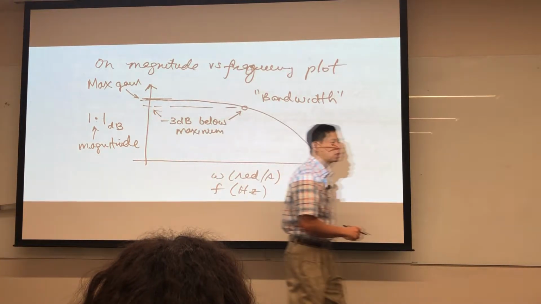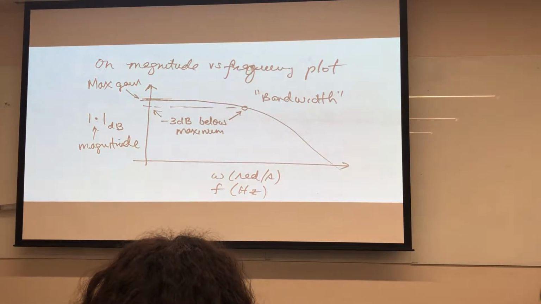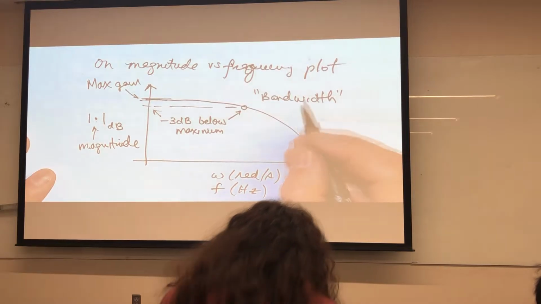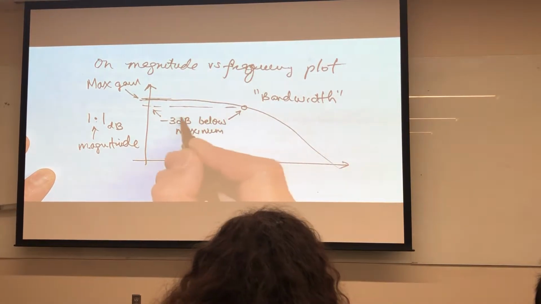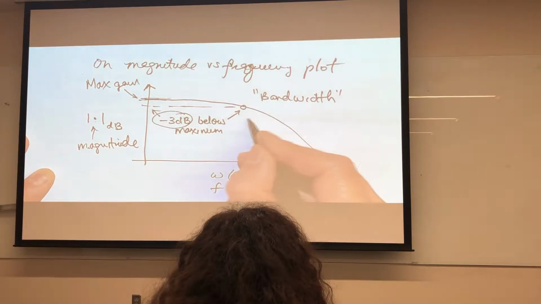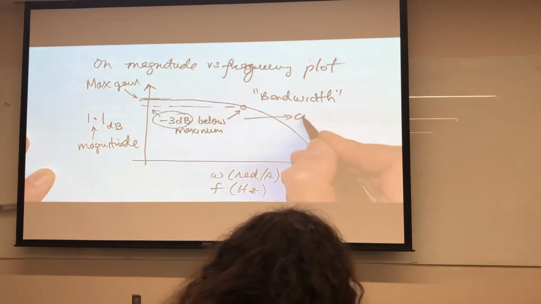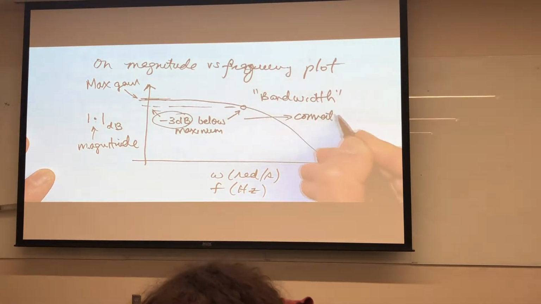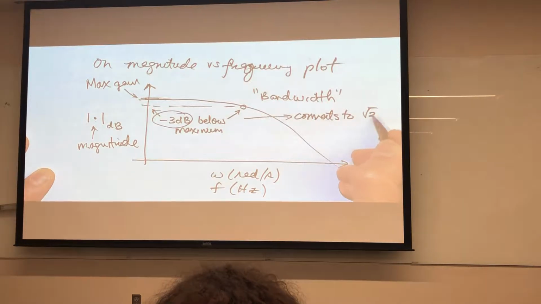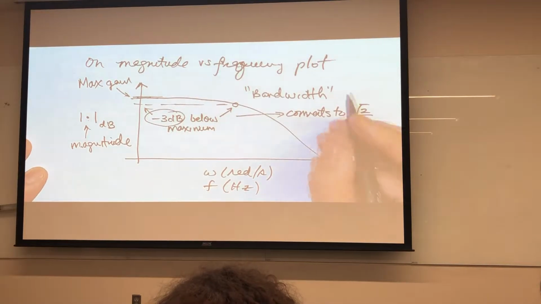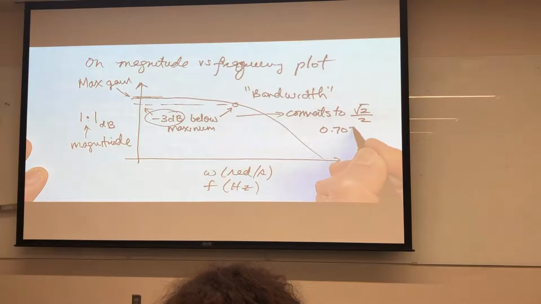Now, if you do a little bit of study, you say, why is it minus 3 dB? Minus 3 dB converts to square root 2 over 2, or 0.7071.